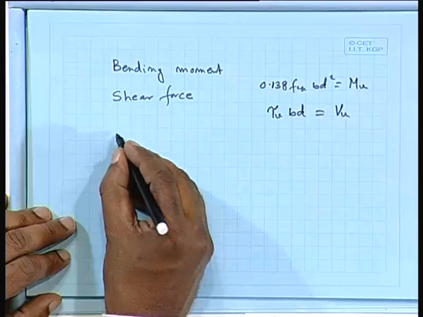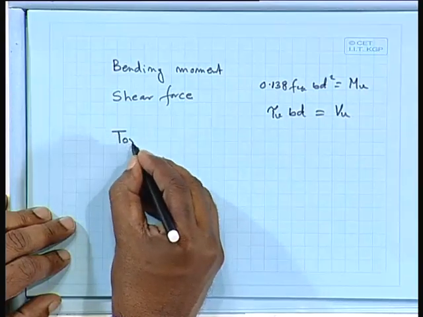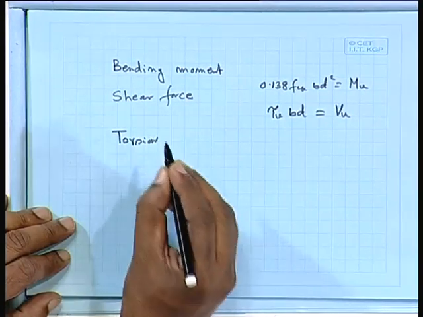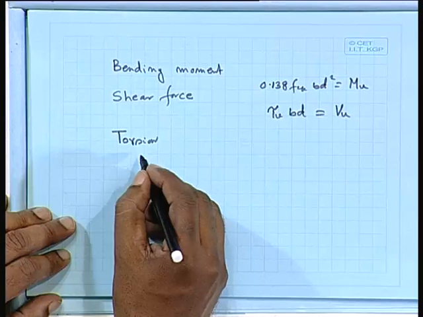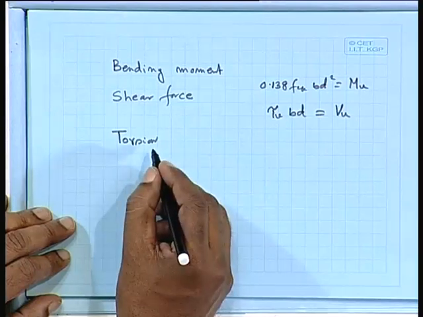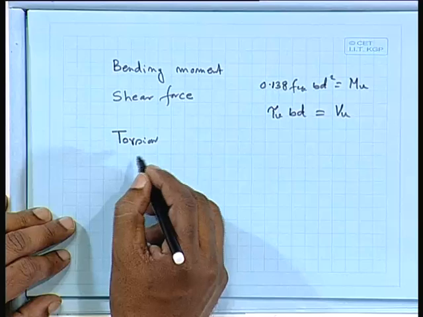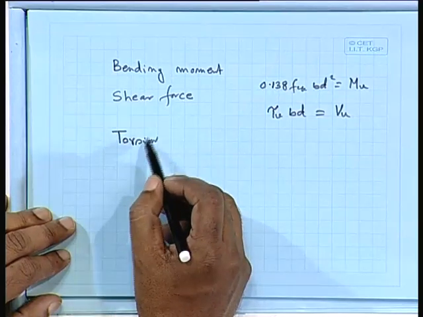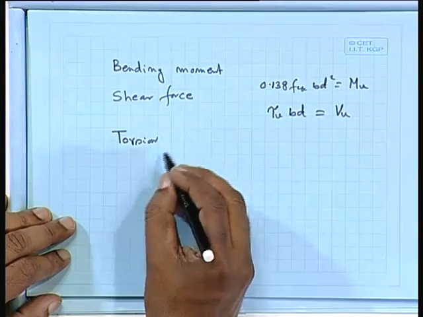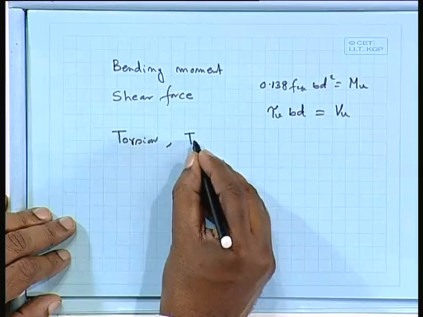But regarding torsion, we do not go directly. What we do, we find out the equivalent bending moment developed due to torsion, say Tu.